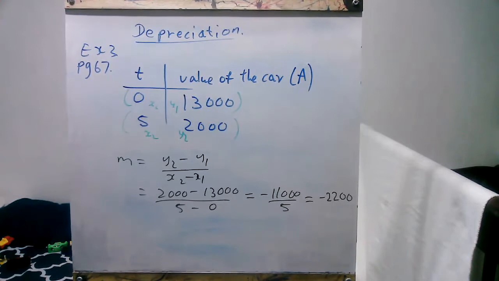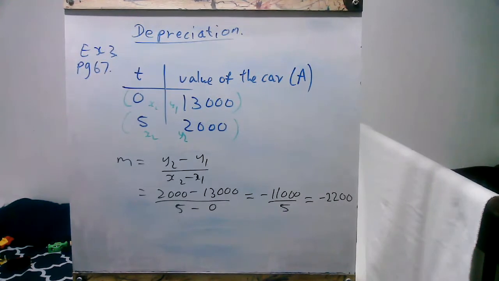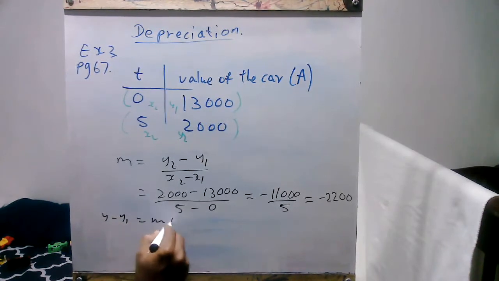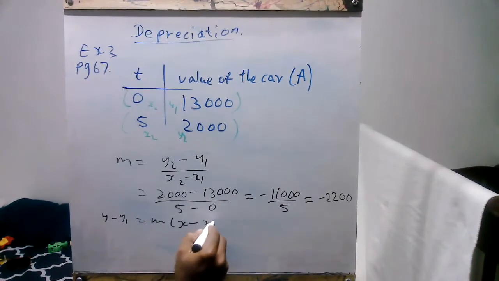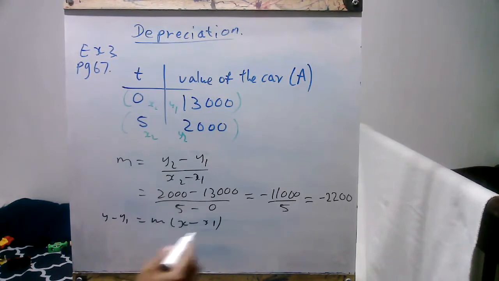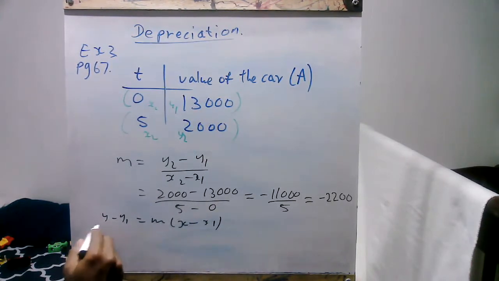Negative 2,200. Now m is this. Usually we use y minus y1 equals m times x minus x1, the point slope formula, to write the equation of a line. But in this case we don't have to use this.